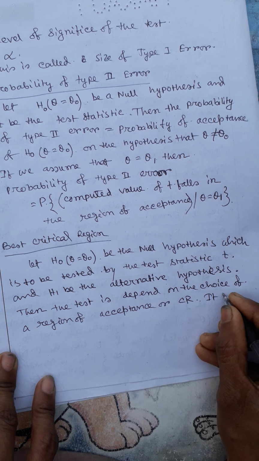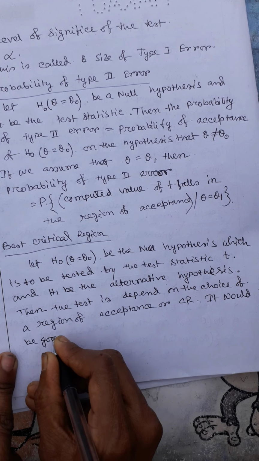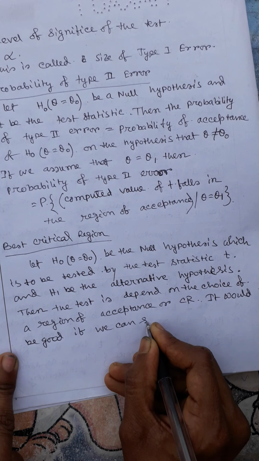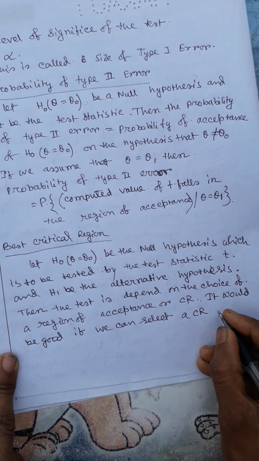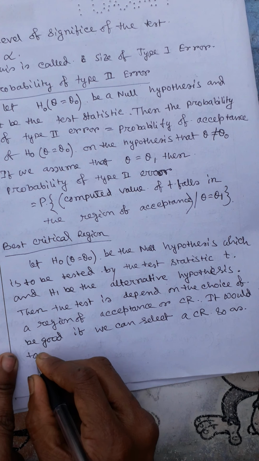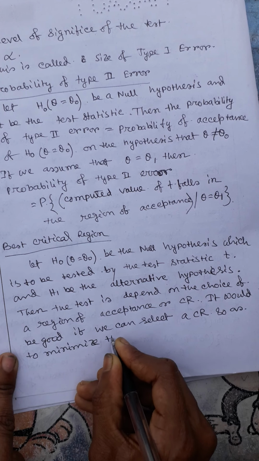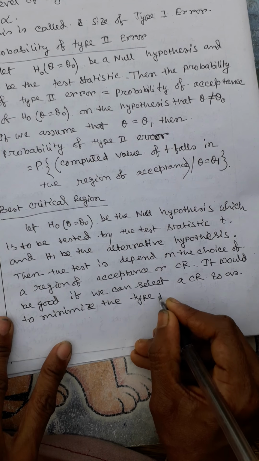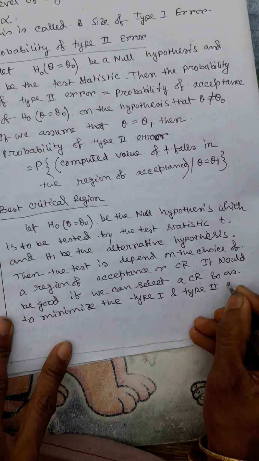It would be good if we can select a critical region so as to minimize the type 1 and type 2 error.